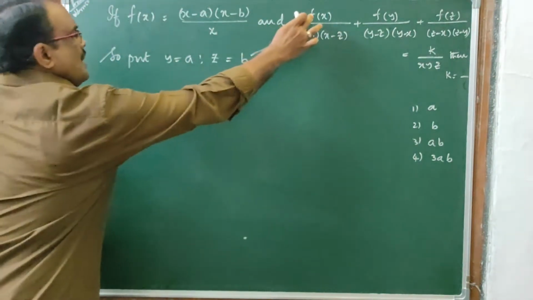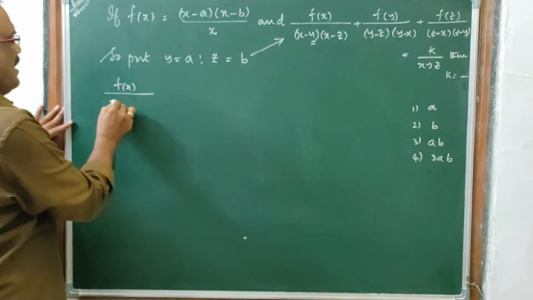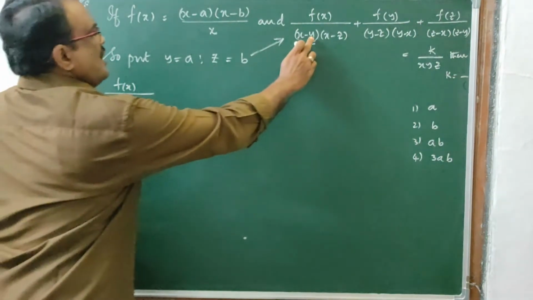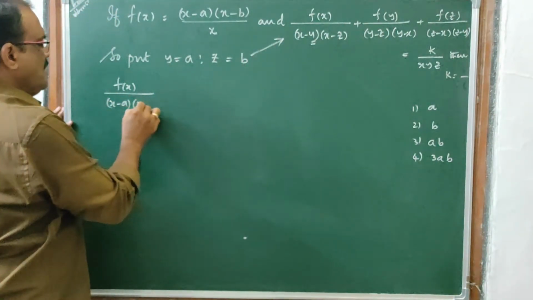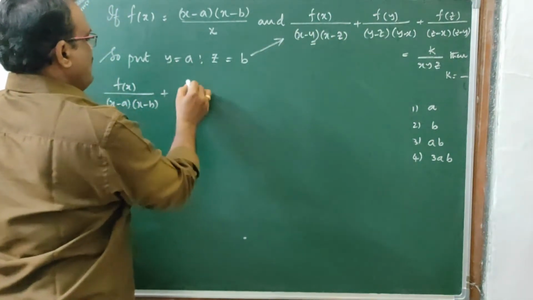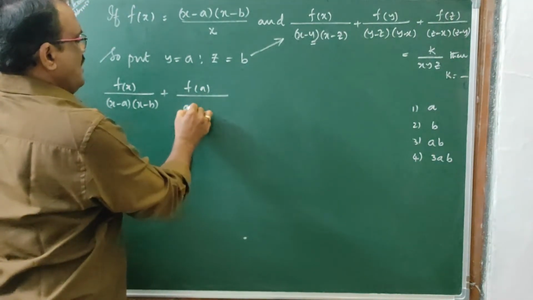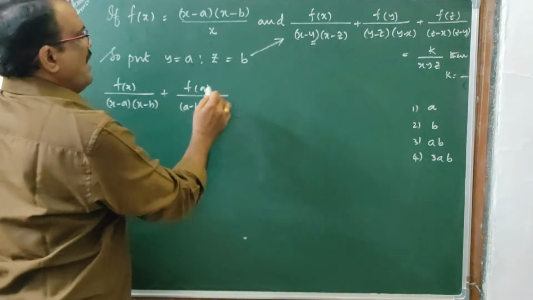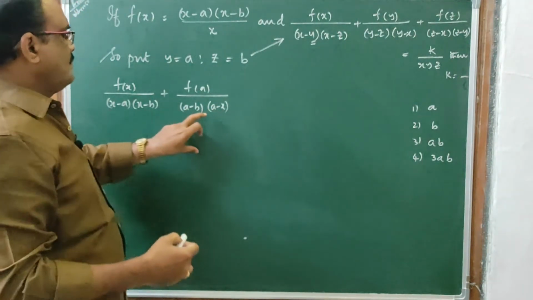What happened? f of x by (x minus a), instead of y we are substituting a, instead of z we are substituting b, plus then f of y, that means f of a by (y minus z), that is (a minus b), (y minus x), that is (a minus x).